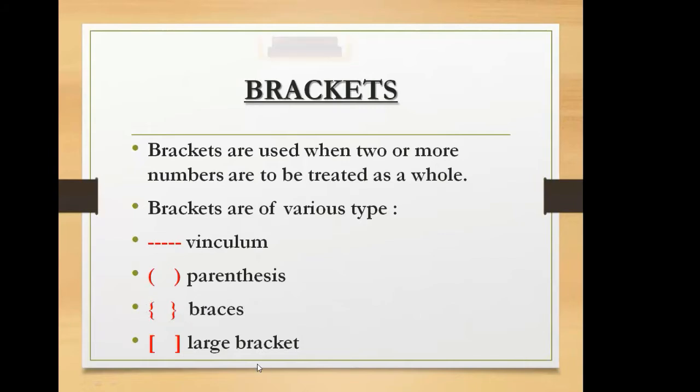And the last one is the large bracket, which we can call a square bracket. So these are the four types of brackets: vinculum, parenthesis, braces, and large brackets. Brackets are used when two or more numbers are to be treated as a whole.